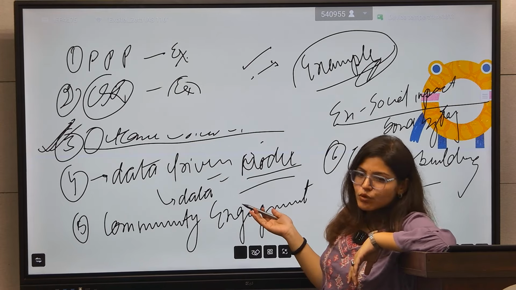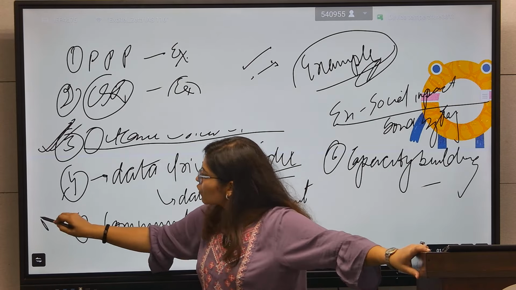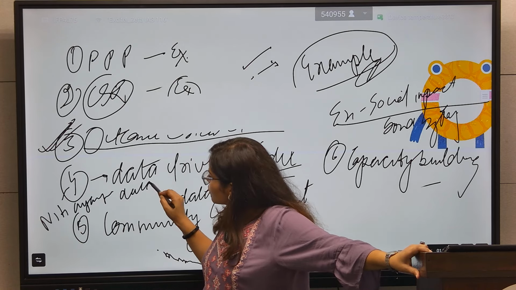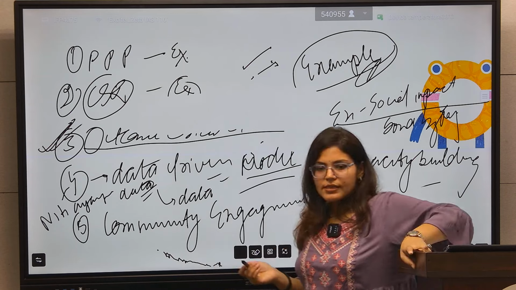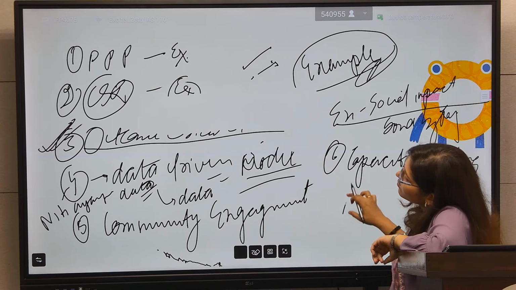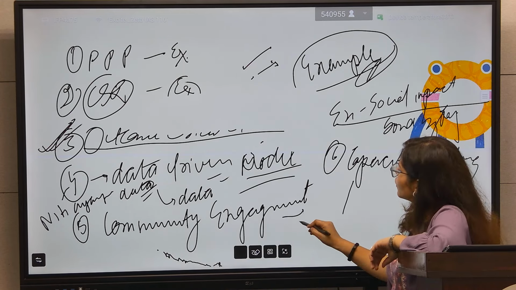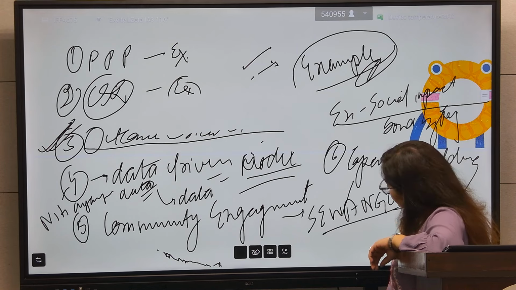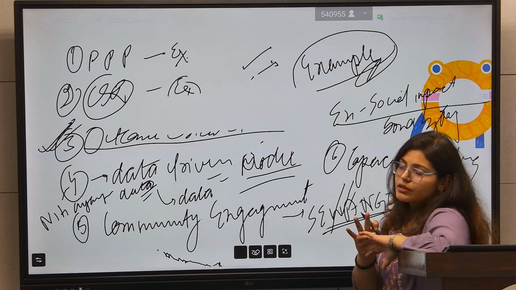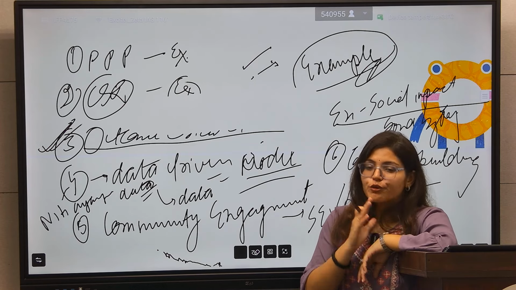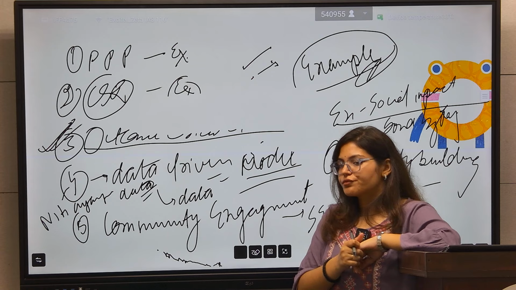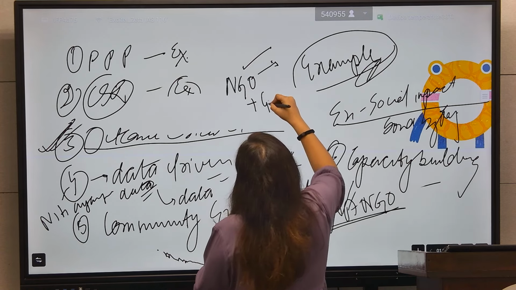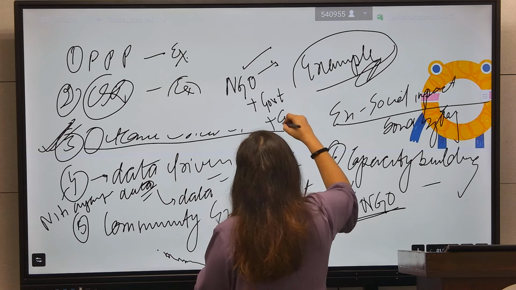Then the data driven model, you can also give the example of NITI Aayog data while making the policy and implementation. And the community engagement, here you will give the example of Seva NGO. So in this way you have to give 4 to 5 most productive models of where this collaboration is there between NGO, government and private sector.